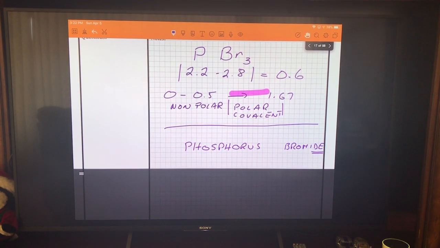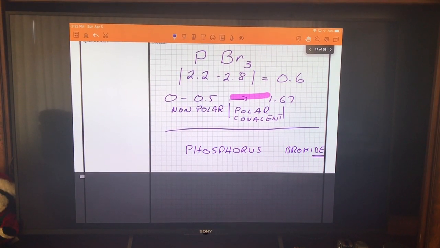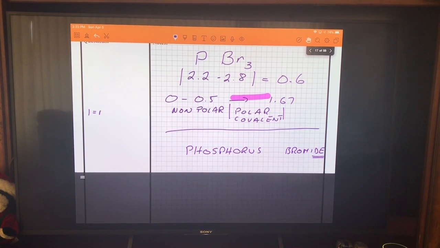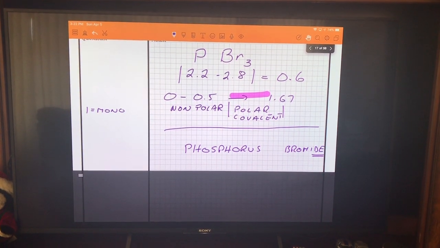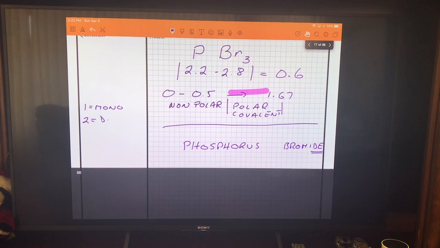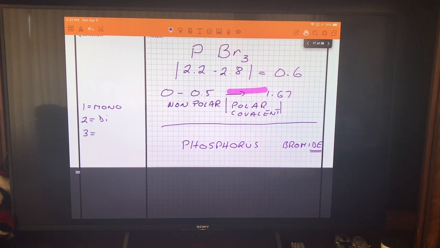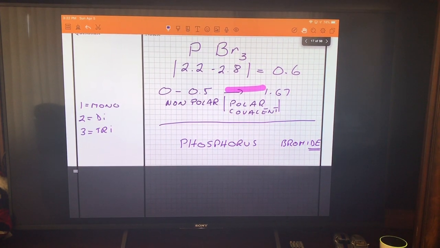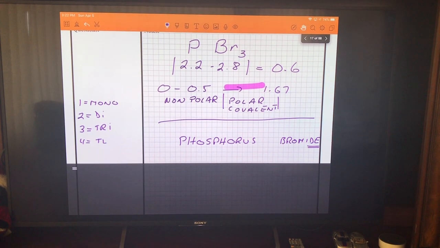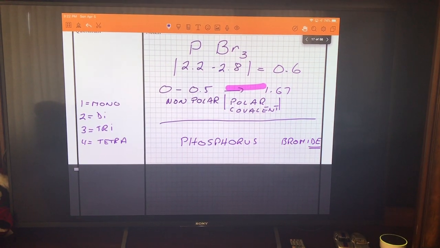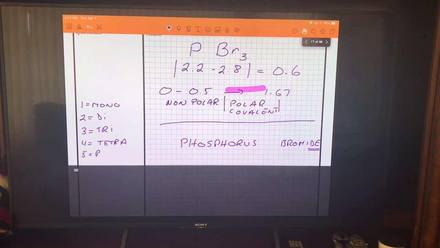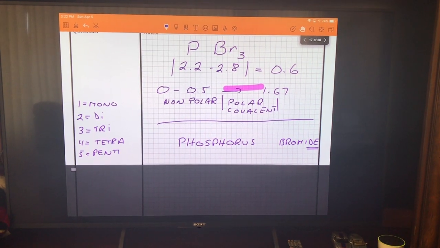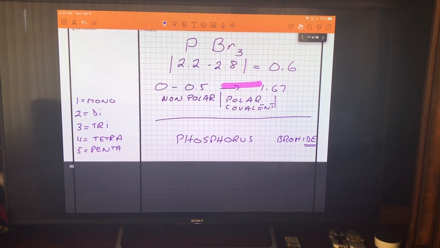Our prefixes, remember this is covalent, so we have to have prefixes where 1 was mono, 2 was di, 3 was tri, 4 was tetra, 5 was penta, and we never start a name with mono.